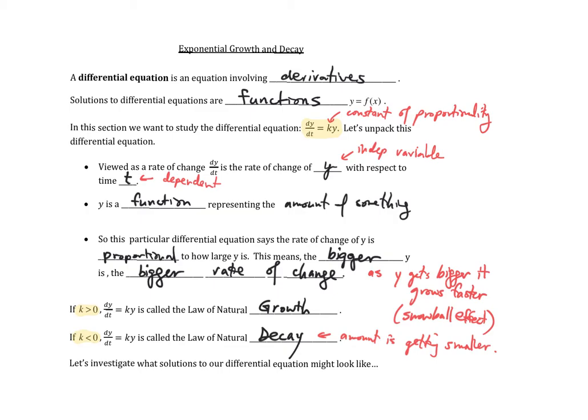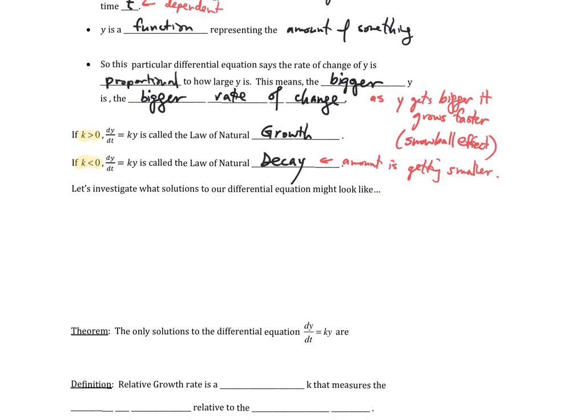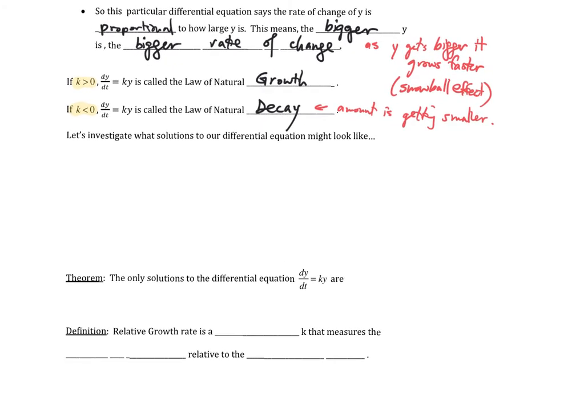All right. So let's investigate what solutions to our differential equation might look like. Now, when we look at this differential equation, we see that the derivative is related to the original function. If I start off with my equation, y is equal to e to the t, well, this equation basically says that the derivative is equal to itself.